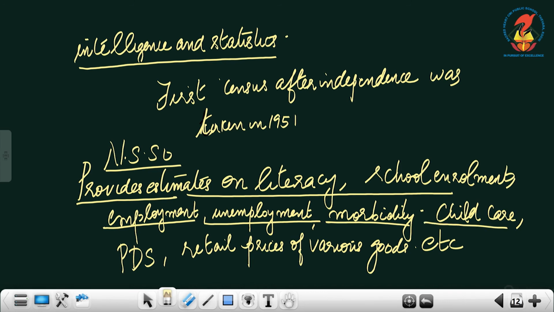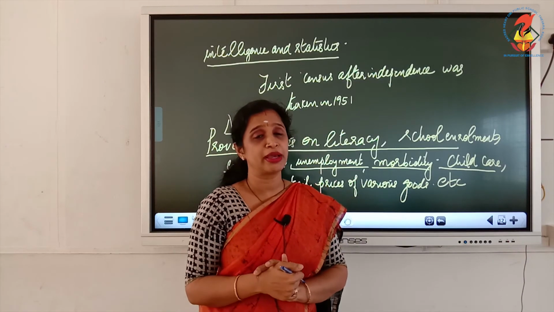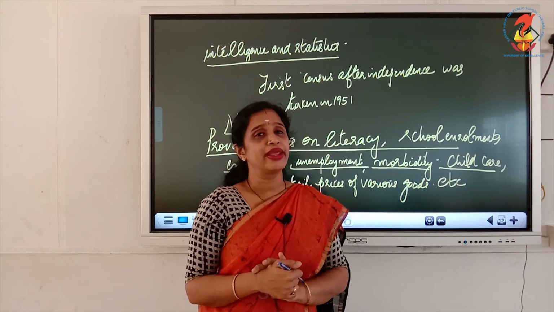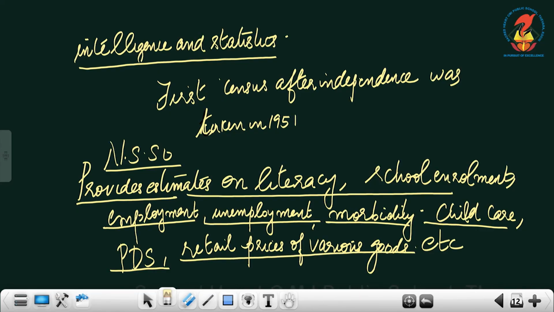Then child care, then public distribution system. PDS is public distribution system. You have learned about public distribution system in economics in class 9. Then retail prices of various goods.